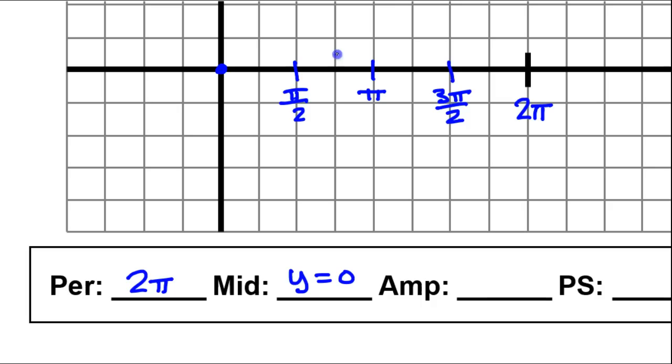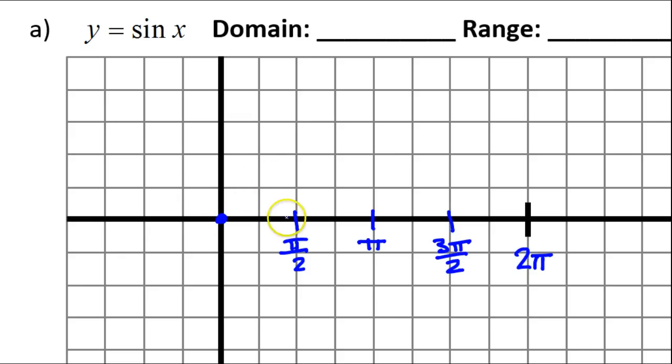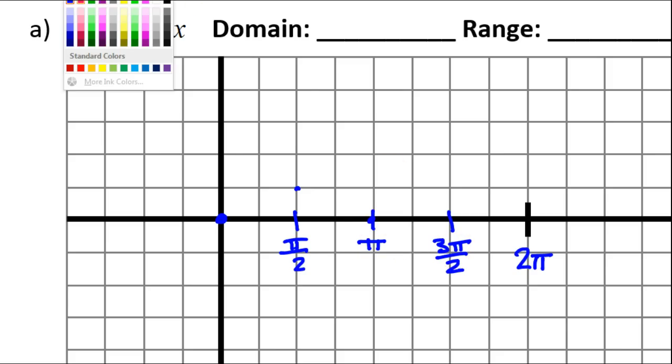Basically the x-axis. And the amplitude of a sine function is 1. That means from the midline it goes up 1 and then down 1. So it's going to follow this pattern. It's going to go up 1 and then back to the midline, and then it's going to go down 1. Maybe I should use a different color.